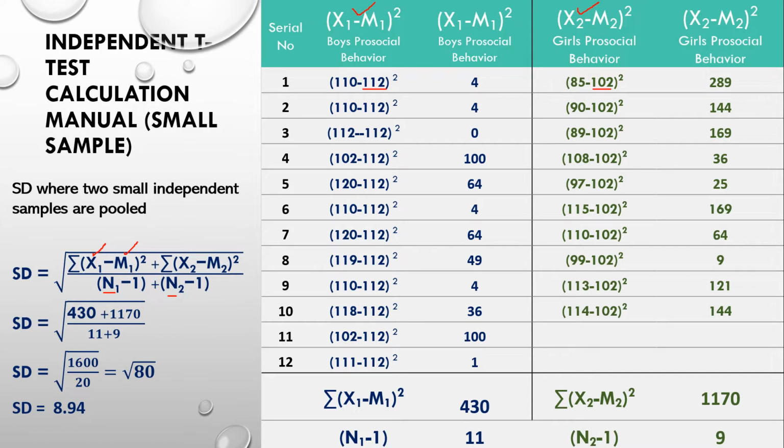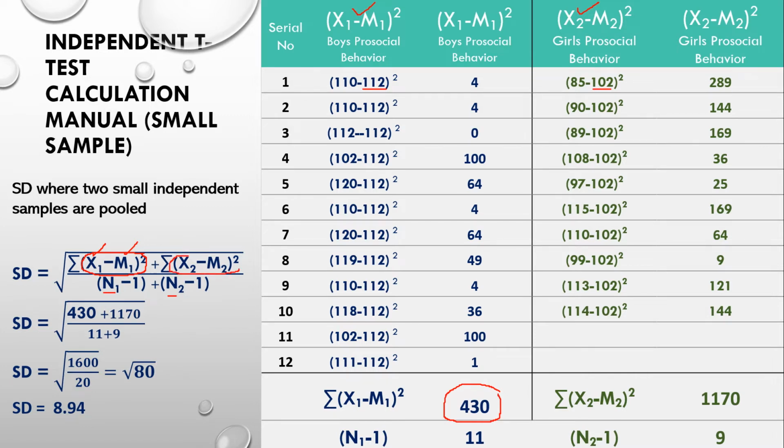First we calculate the difference, 110 minus 112, and the square of this value. The difference between these two is 2, squared it is 4. In this way we can calculate the squares for the entire data. Now 430 is the total of this part and 1170 of this part.